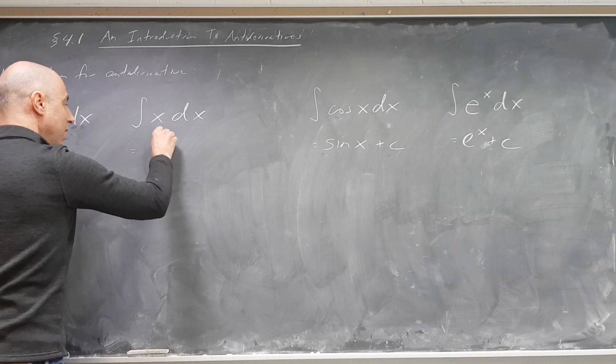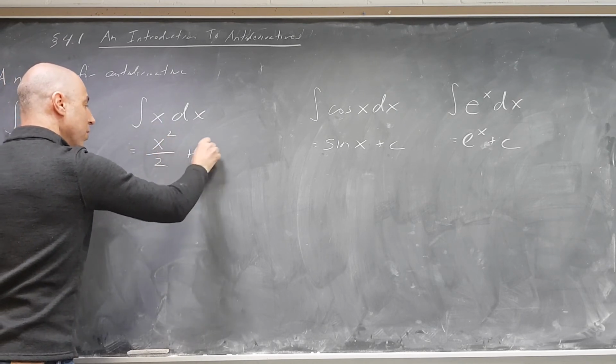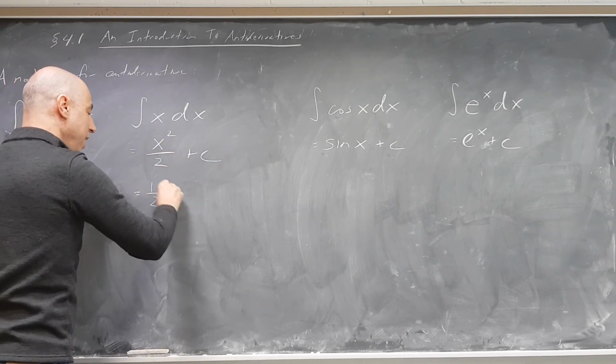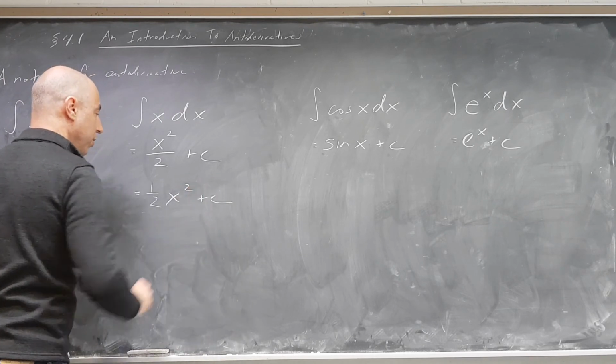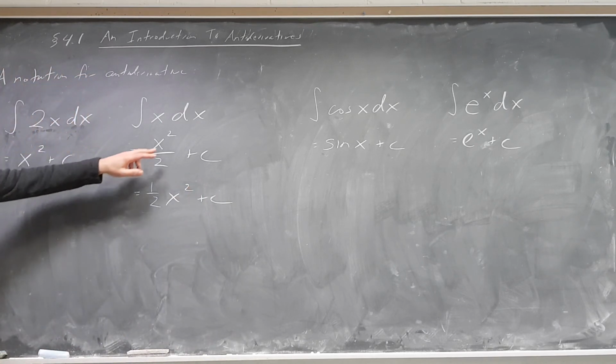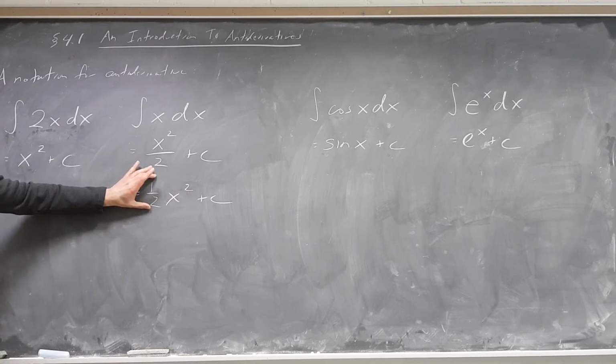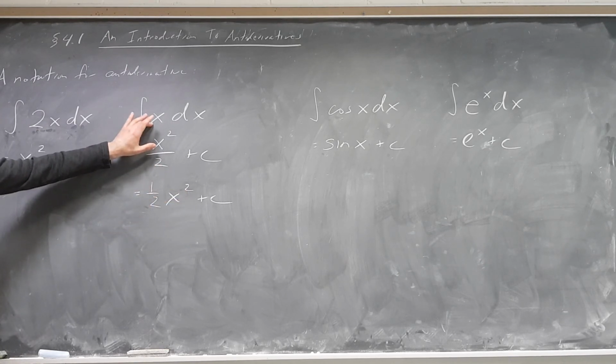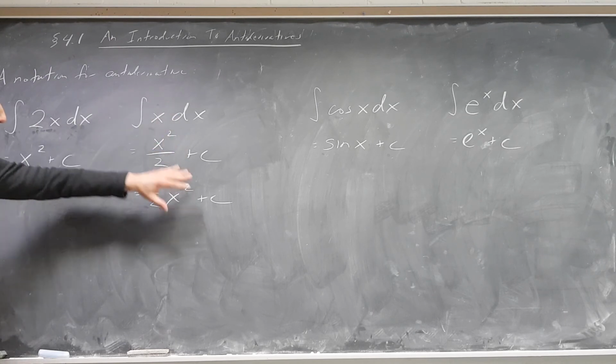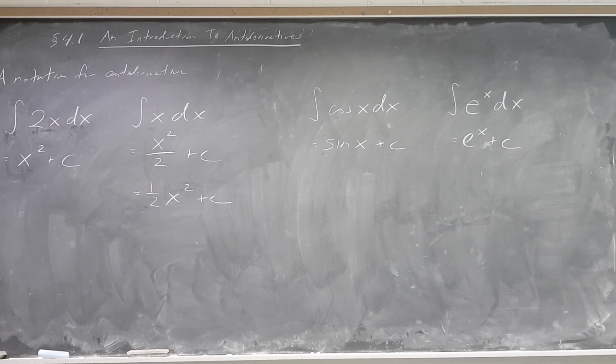Well, it's just x squared over 2. Or you could just as easily have written this as 1/2 x squared. If you take the derivative of 1/2 x squared, the 2 comes down and multiplies the 1/2, they cancel. The 2 becomes a 1, you just end up with x, and the c goes away entirely.